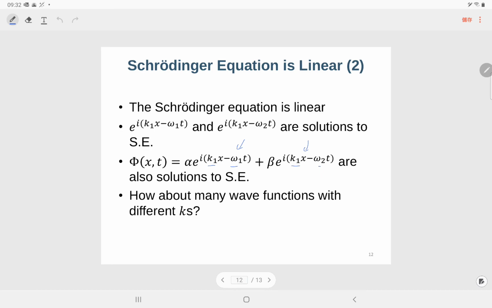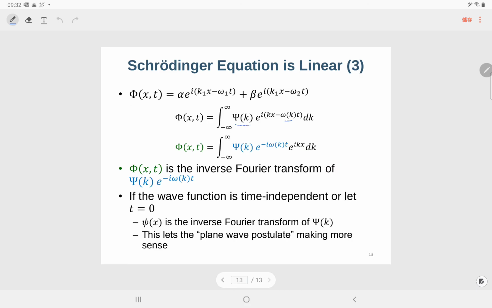Let me see. Maybe this one should be k2. This should be k2. So in this case, we have different k, and then omega is a function of k. So for different k, we have different omega. And in that case, we will have different coefficients for many cases, the continuous case.